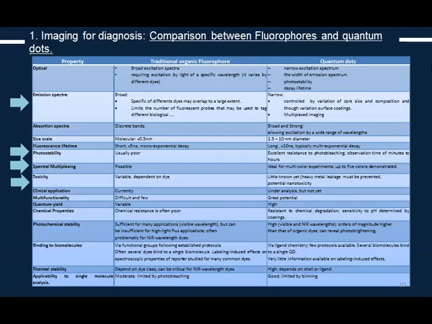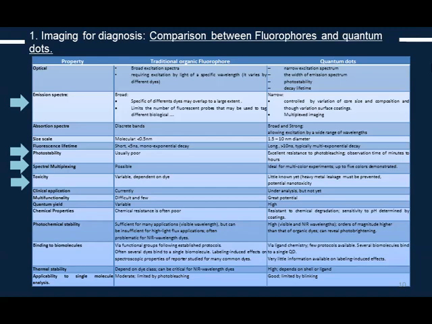In this image, from some of the literature that I read, is a comparison between traditional fluorophores and quantum dots. The important one is the emission spectrum, which in traditional organic dyes or fluorophores is broad, but in quantum dots it's narrow.